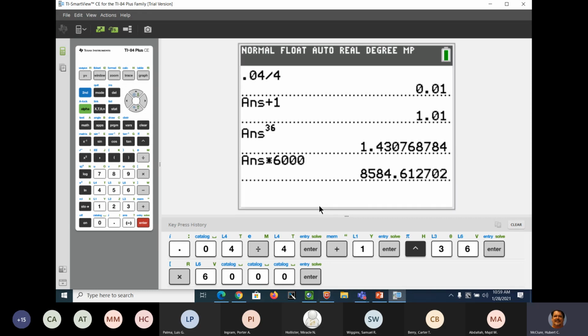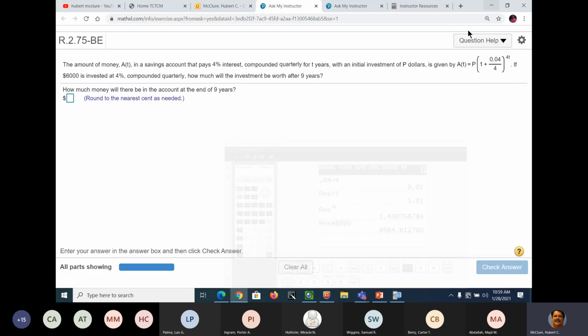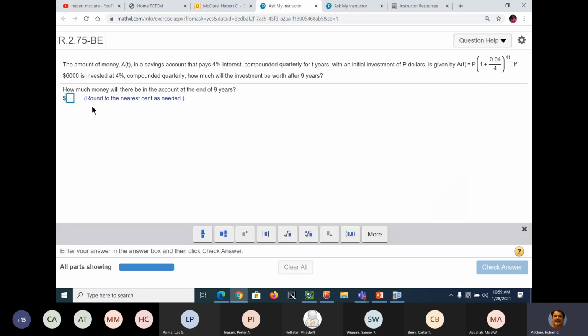Interest. Okay. So how much money, rounded to the nearest cent? That would be $8,584.61.